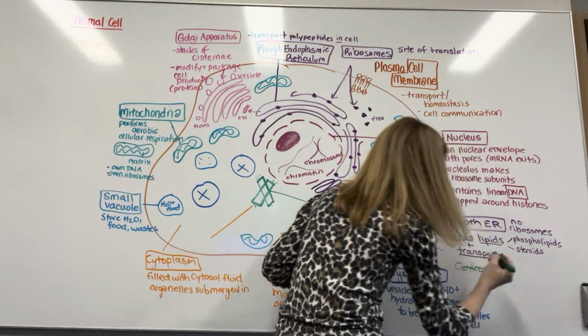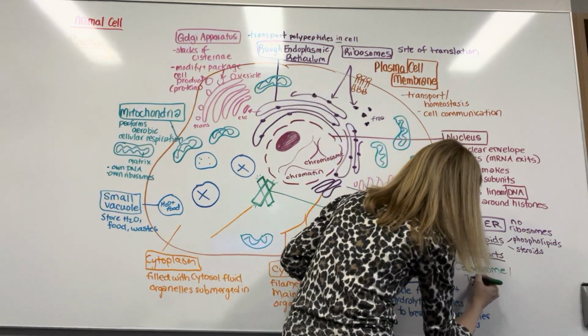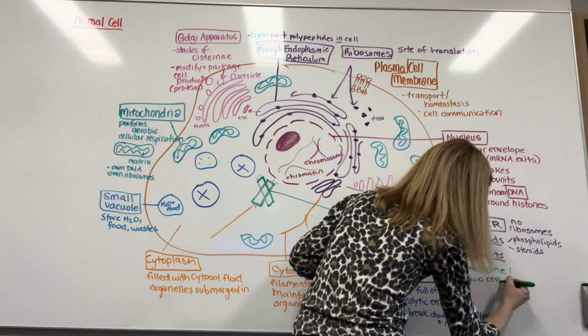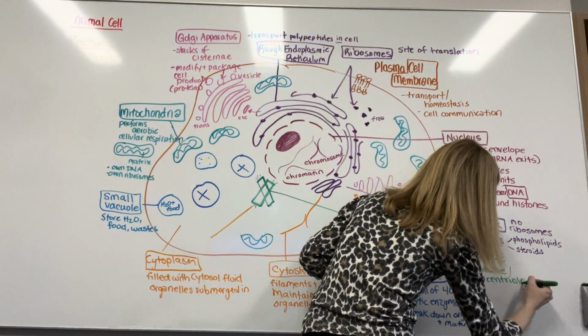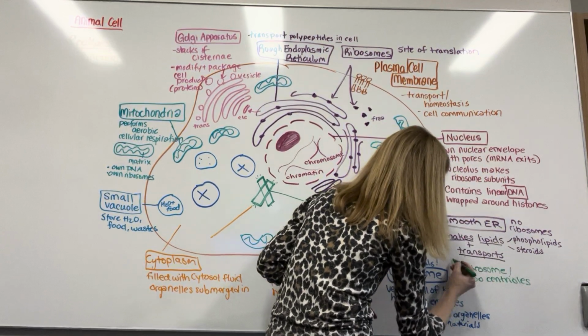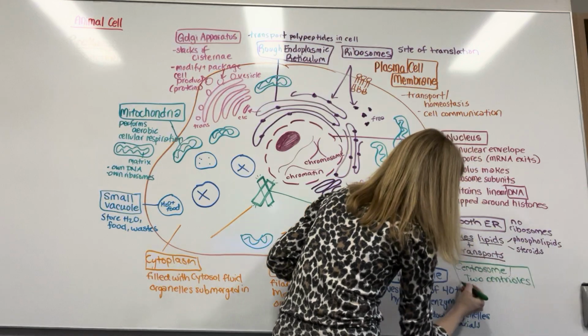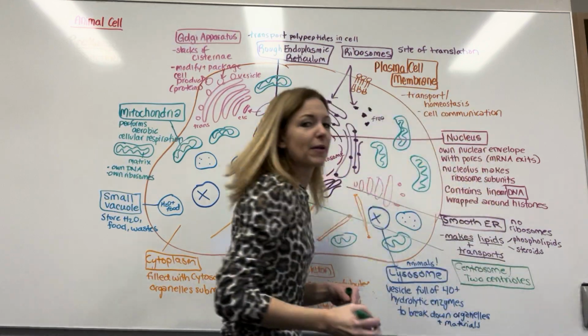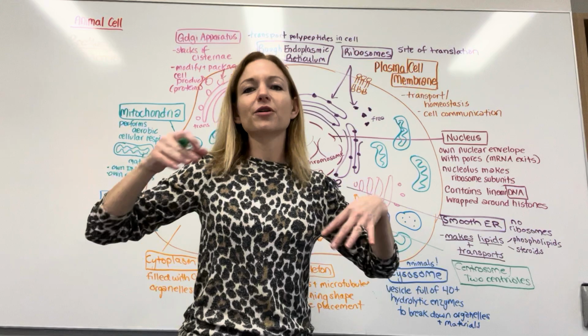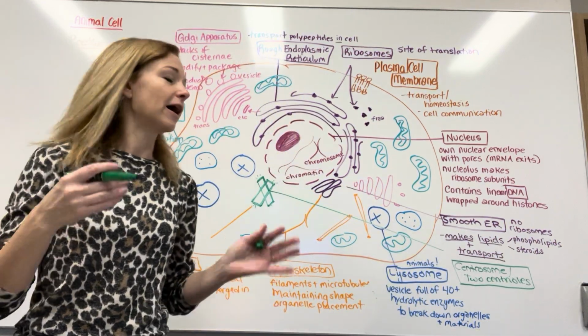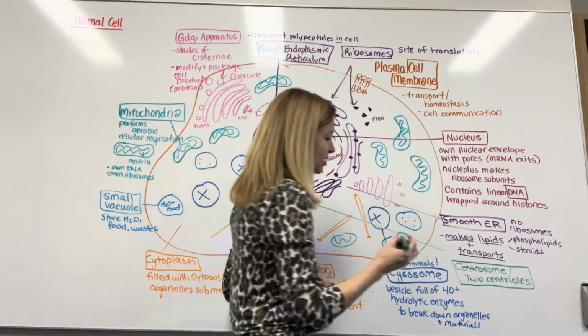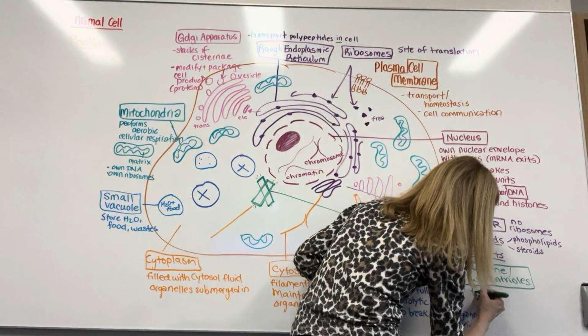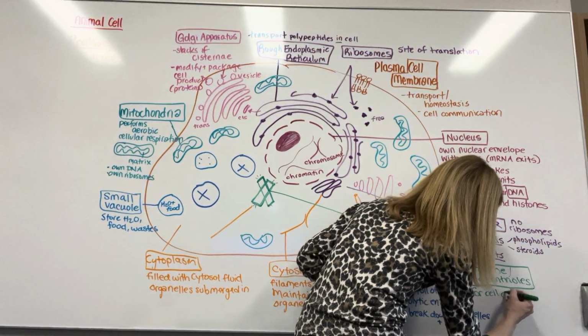And then in particular, ours contain 2 centrioles. And we will talk about those when we actually get to cell division. So they're going to release these like spindle fibers that help organize DNA during cell division. So for right now, I'm just going to put for cell division.